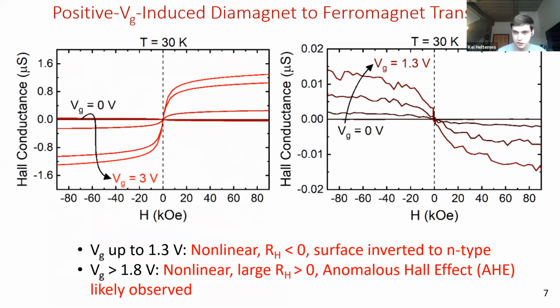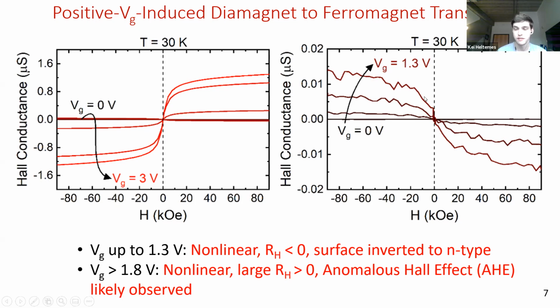I want to focus our attention on the figure on the right here. We're applying low gate voltages to our sample, and we can see that we're getting a negative Hall coefficient to appear. It's also somewhat nonlinear behavior, and we simply attributed that to the fact that maybe some slight magnetization is occurring.